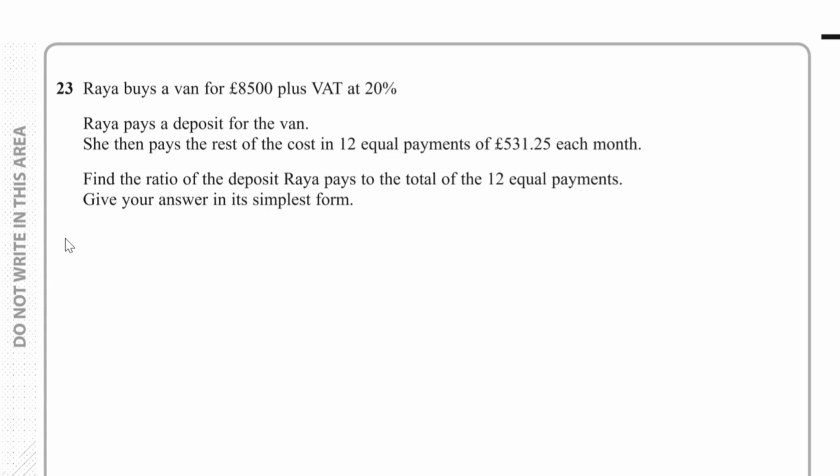Well, in the first year, so let's write this down in year 1, what we have is 531.25, and then we multiply this by 12 because we are paying installments of this amount each month.